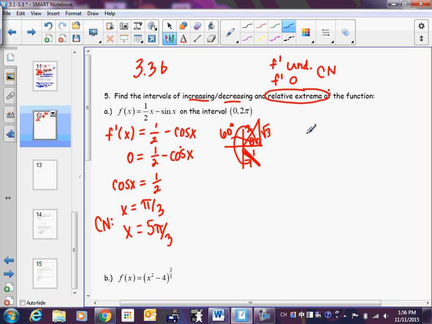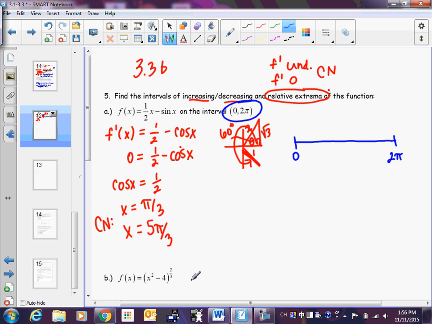What we need to do now is put them on a sign chart. Sign, S-I-G-N, meaning pluses and minuses. Yesterday we put negative infinity and infinity here, but today we have endpoints. So we've got to start at 0 and stop at 2 pi, and you need to put those on there.